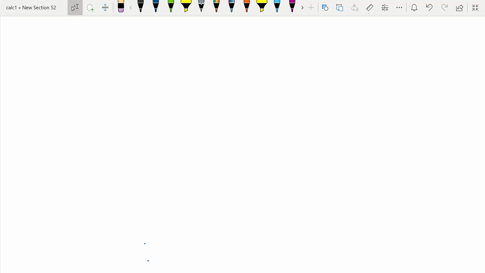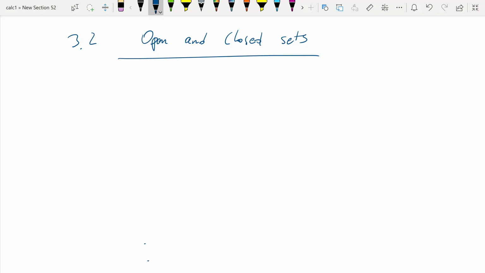The rest of that part, and we'll start with 3.2, open and closed sets. Remember that we are in R, and here they define the epsilon neighborhood.